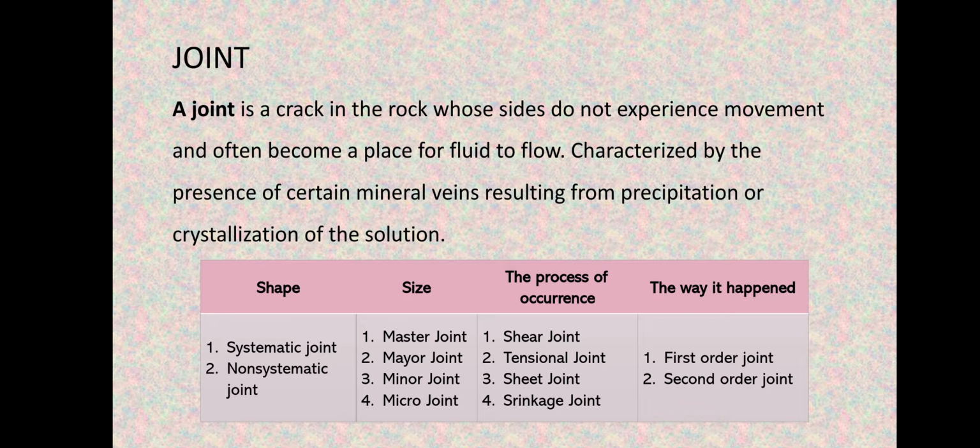From size, there are master joint, major joint, minor joint, and micro joint. Based on the process of occurrence, there are shear joint, tensional joint, sheet joint, and shrinkage joint. And based on the way it happened, only two: first order joint and second order joint.